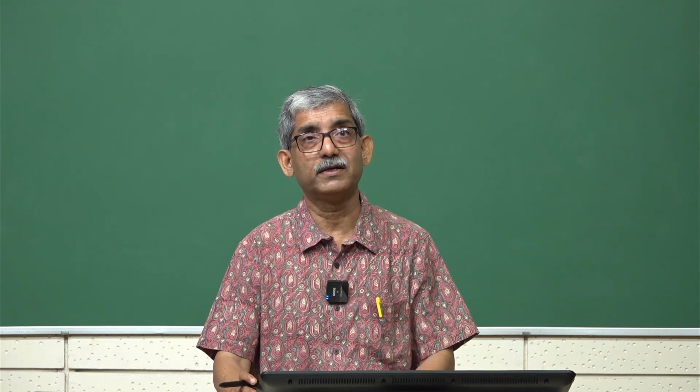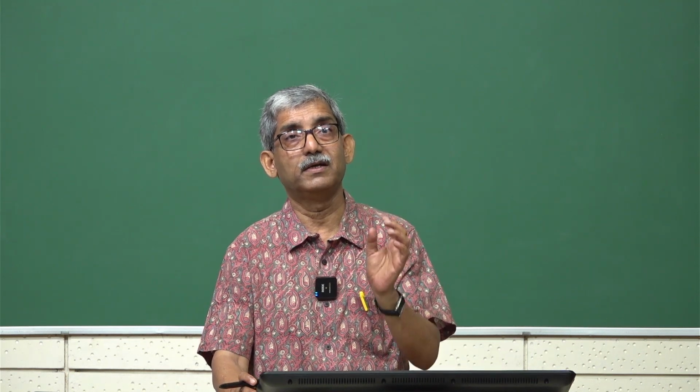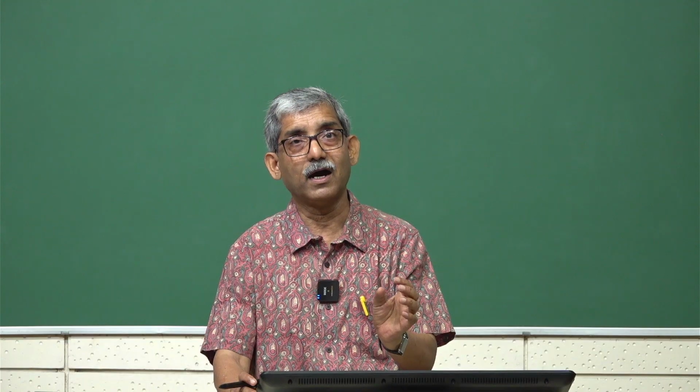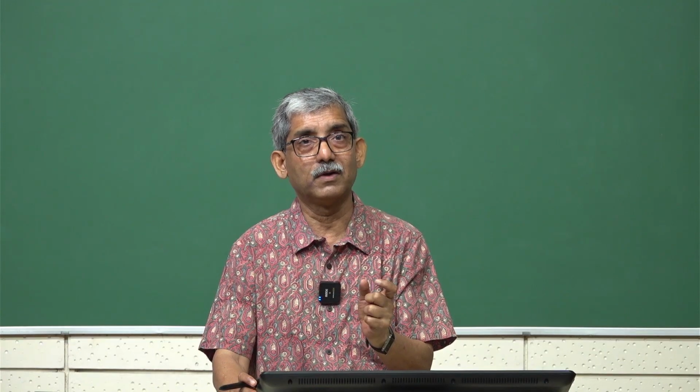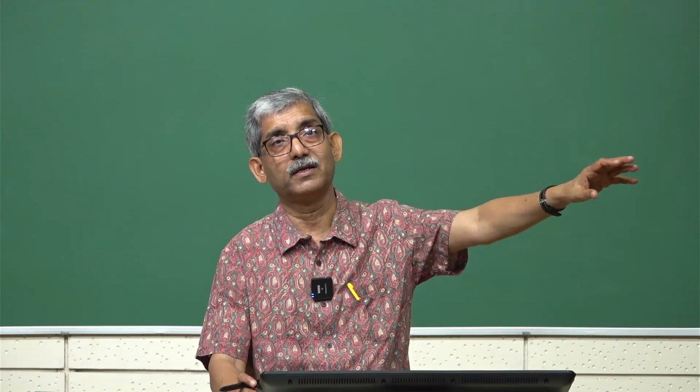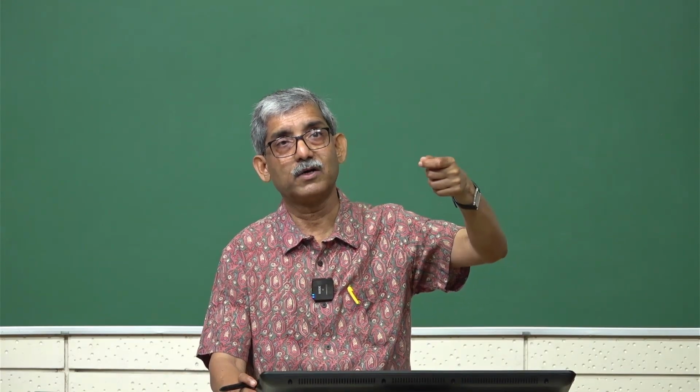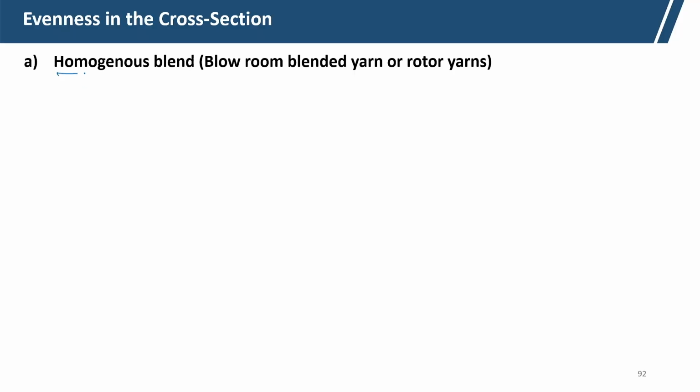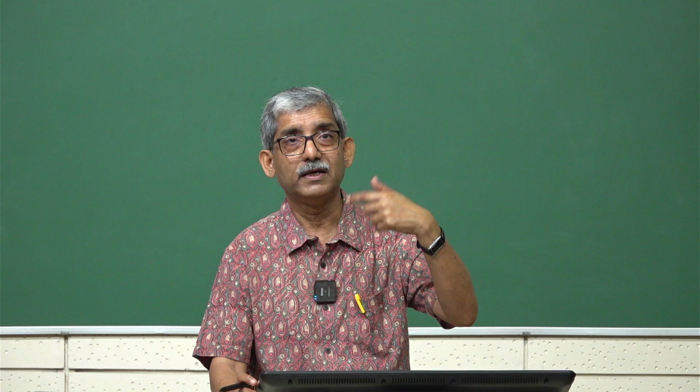First, homogeneous blend: we achieve it in blow-room blending or rotor blending. If we blend the fiber in the blow-room stage and then make the yarn, we will get an almost homogeneous blend. Even if we do draw frame blending and after that form the rotor yarn, we will still get homogeneous blending, because there will be intimate blending at the opening roller.